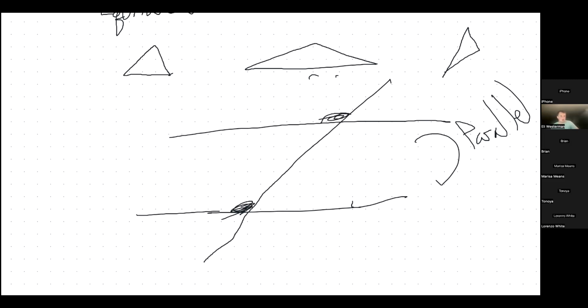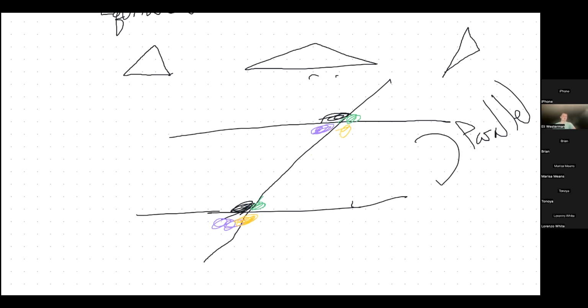Let's do this in color. This angle is the same as this angle. This angle, same as this angle. And finally, this angle is the same as this angle.